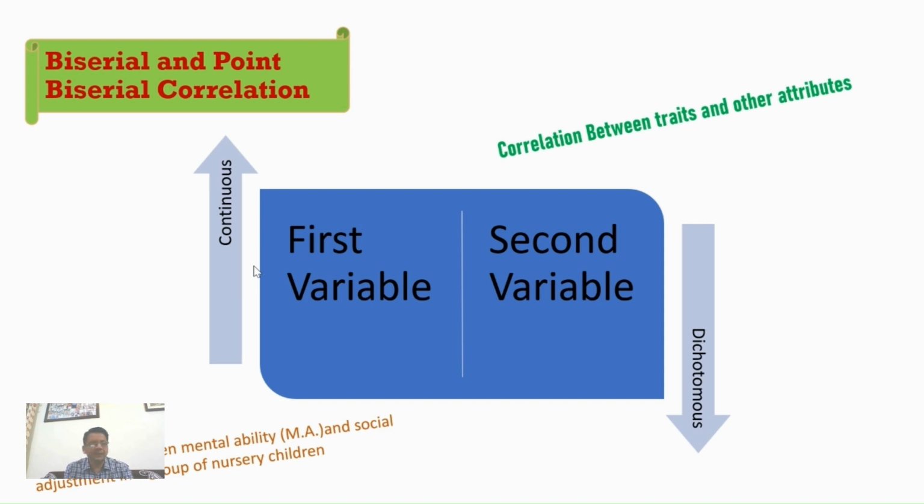Suppose, for example, we are interested in finding the correlation between mental ability and social adjustment in a group of nursery children.